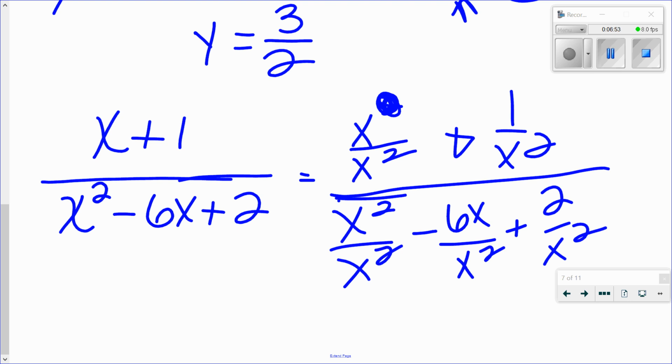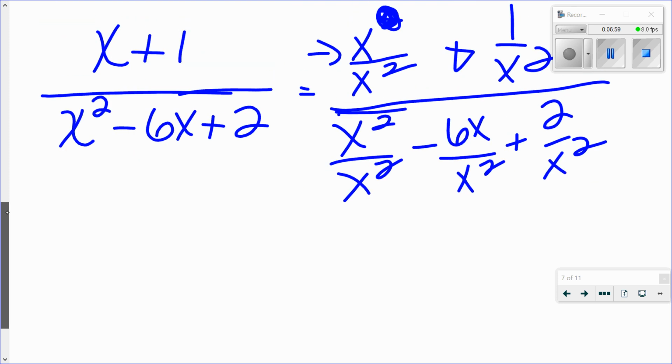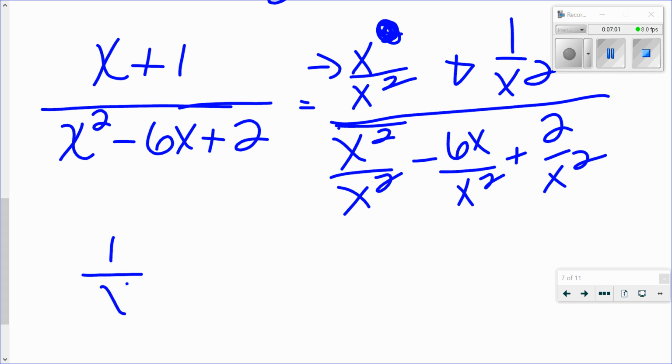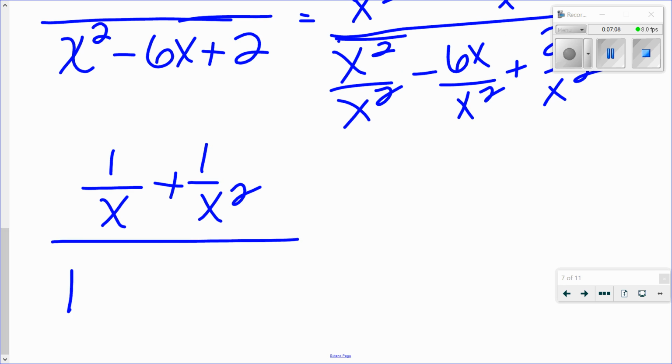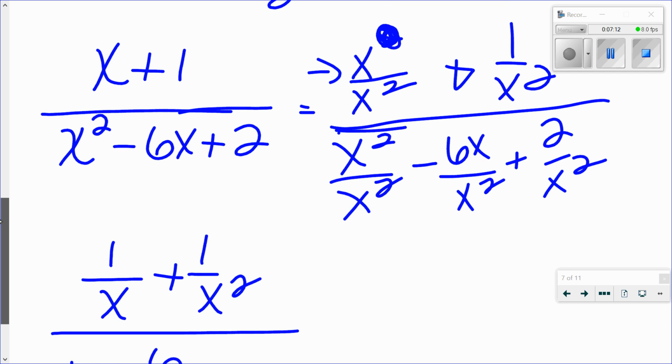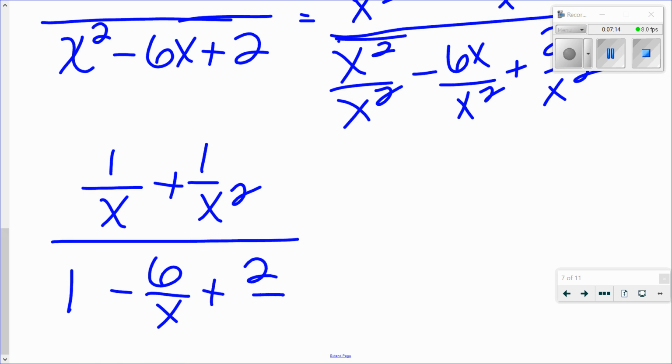Okay, so here, if I simplify this top one, I get 1 over x plus 1 over x squared. On the bottom, I have 1 minus 6 over x plus 2 over x squared.